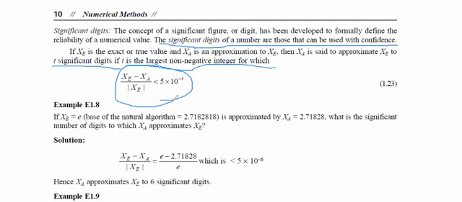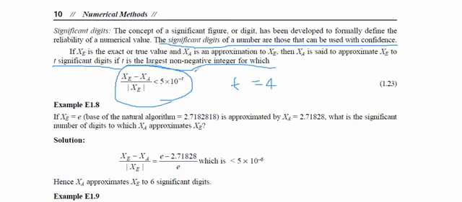If we are able to write the computation in the form of 5 into 10 to the power minus t, then xa is said to have t significant digits. If t is 4, then the number of significant digits is 4. If t is 10, 10 significant digits. If t is 15, 15 significant digits.